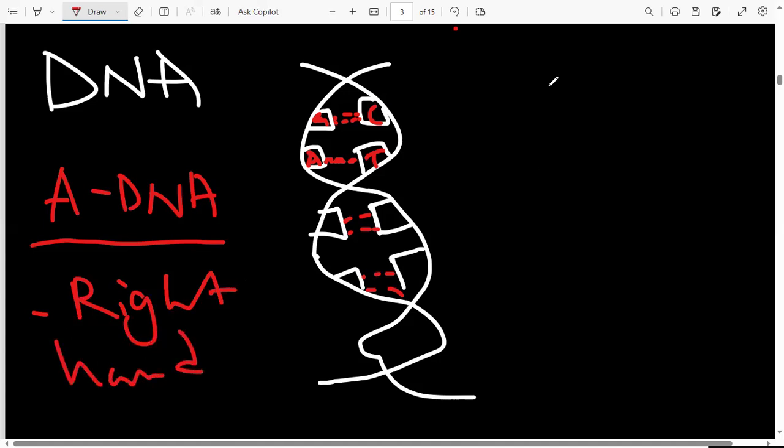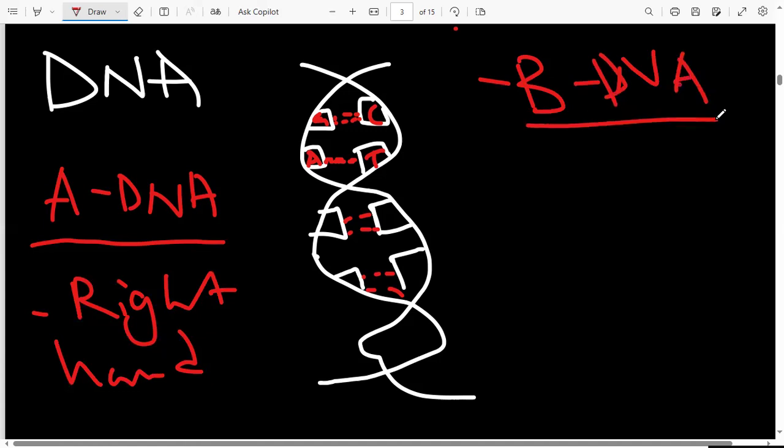And then we also have the B DNA. The B DNA is the most common DNA conformation and is also a right-handed helix.